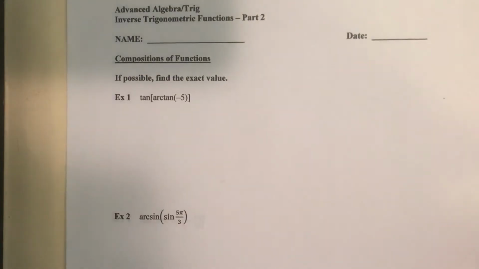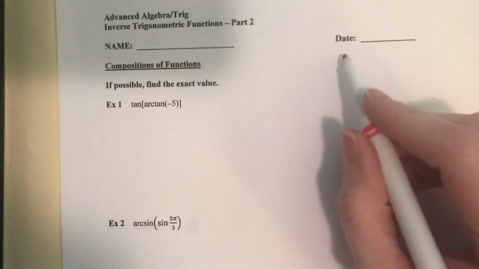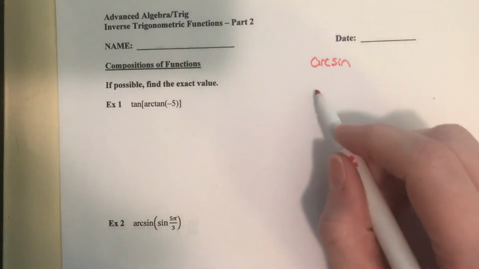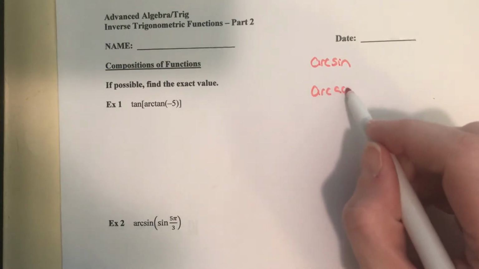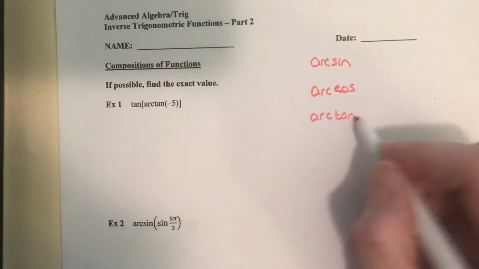Okay, so for this lesson, we are on part 2 of inverse trig functions. Remembering our chart from yesterday, I'm just going to relist my domain for all of these. We have arc sine, arc cosine, and arc tangent.